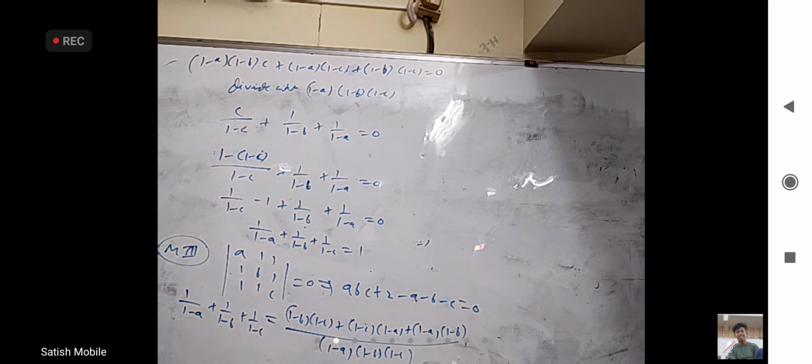I am going to somehow prove this numerator and denominator are equal. Up to here, the upper part, everybody completed or anybody needs more time? Completed, I can erase that.